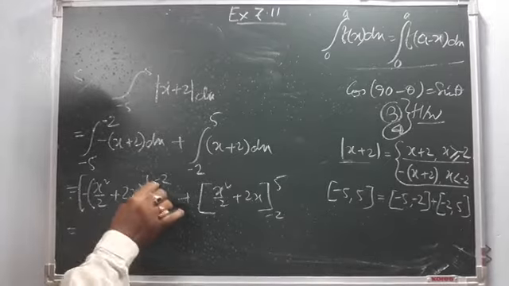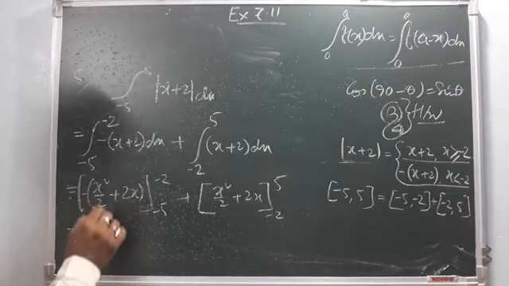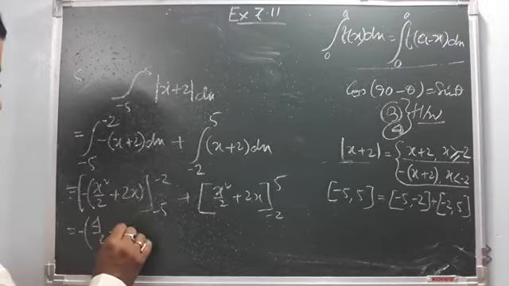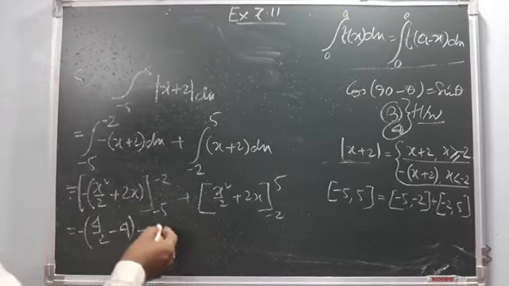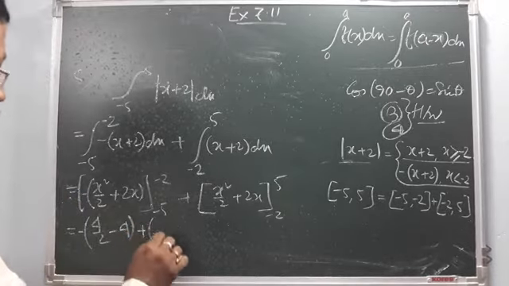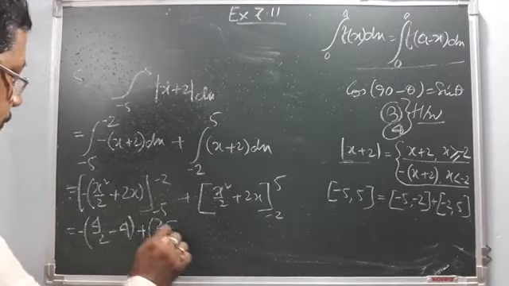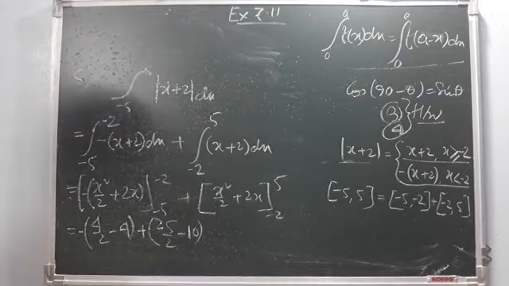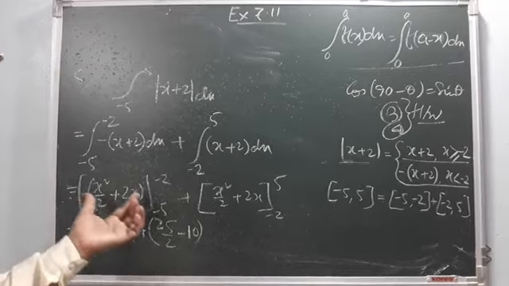Now if we put minus 2 here, this will give 4 by 2, and here it will give minus 4 only. Then minus, and this minus will give plus. Then inside the bracket, if we put minus 5 here, 25 by 2, and here it is minus 10. So students, you see that if we put minus 2, this value, if we put minus 5, then this.